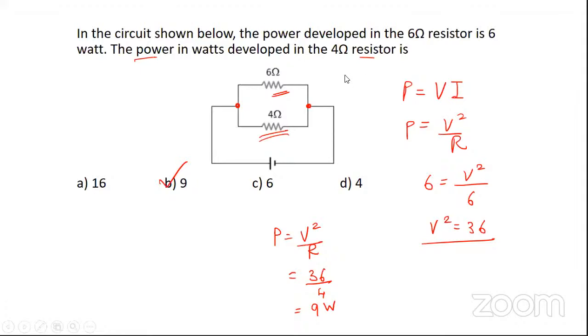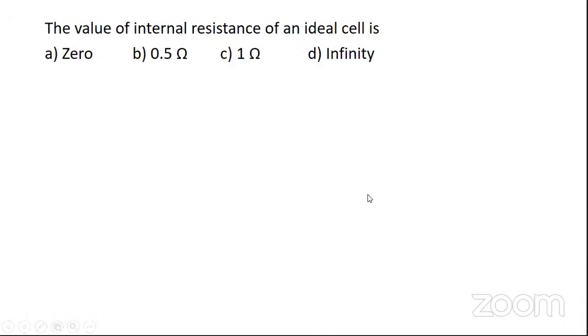Alright, let's move ahead. Next question. This is a direct question. The value of internal resistance of an ideal cell is 0, 1, or infinity. Yes, Kritika, right answer.